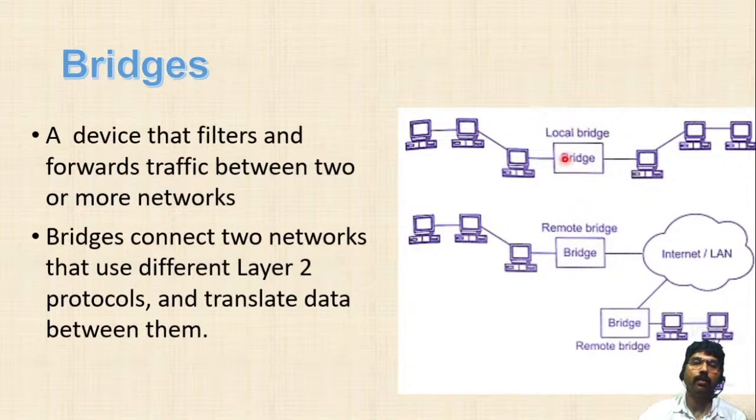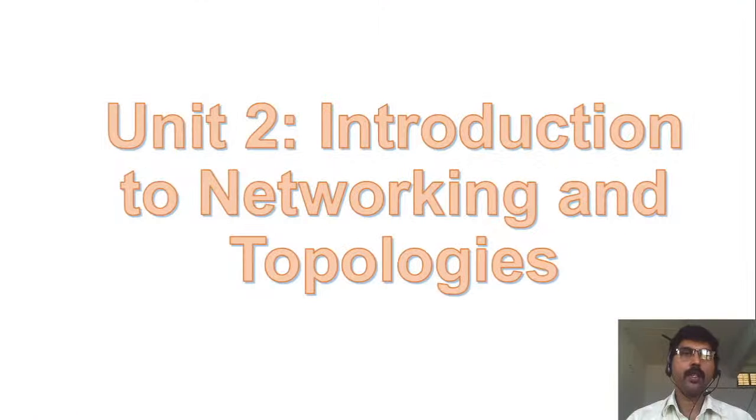Here the bridge, what it actually does, if a computer wants to send some information to other computers, this bridge will check whether it belongs to a local computer or the next segment of computers.